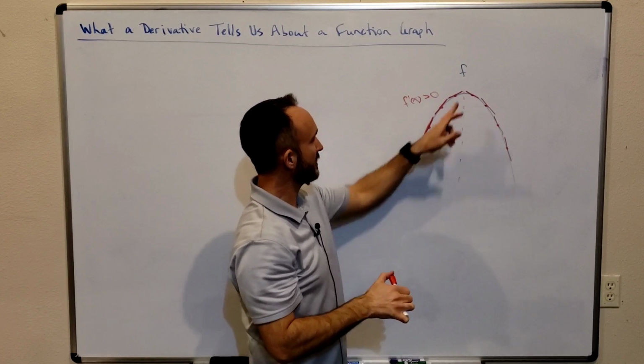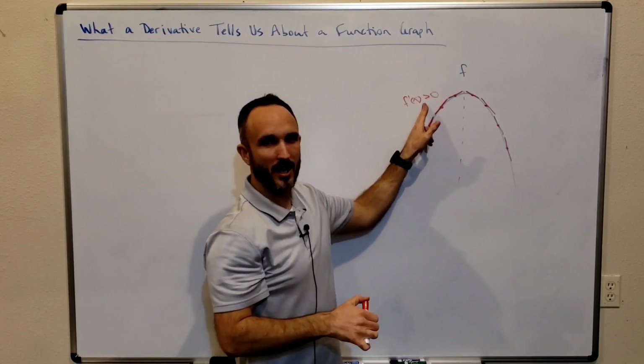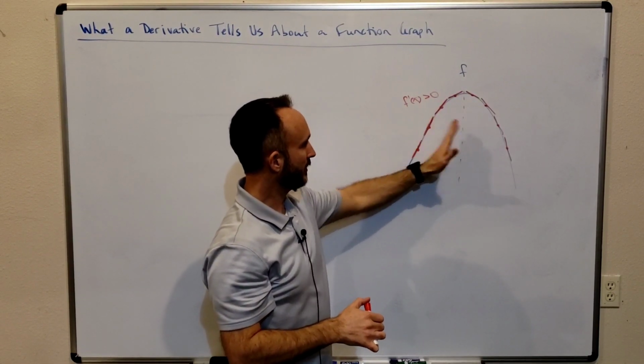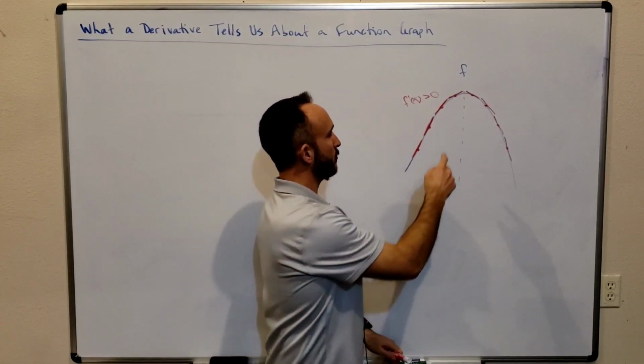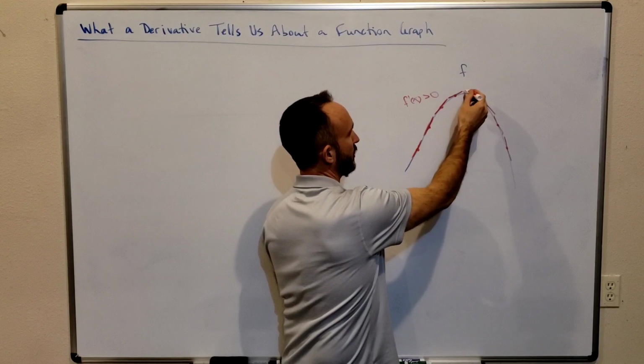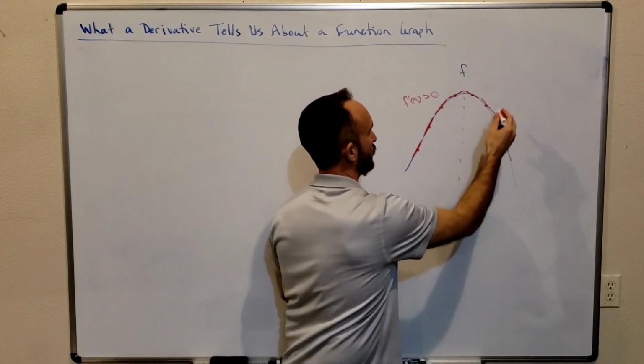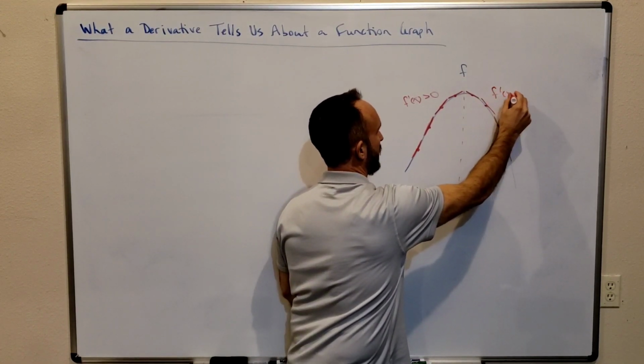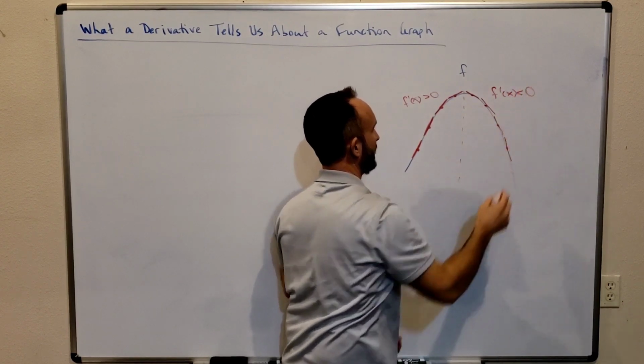The derivative of this function has a positive value on the left side of this graph. And once we cross this middle point, all of the slopes are negative. They're all pointing downward. So on this side of the graph, f prime of x is negative.